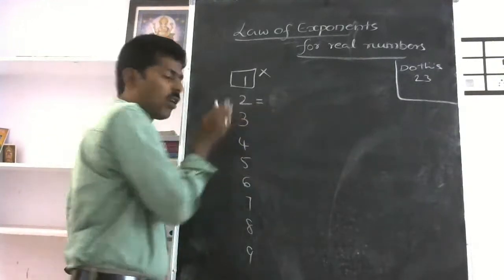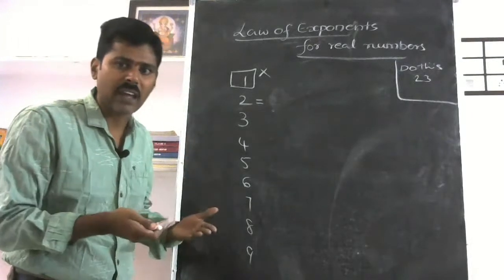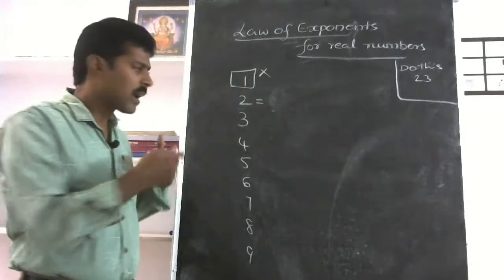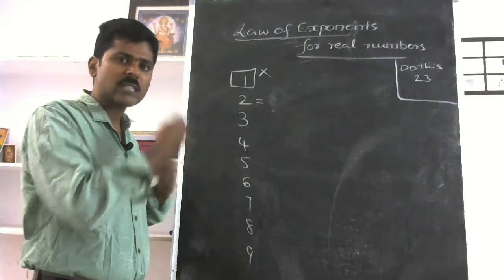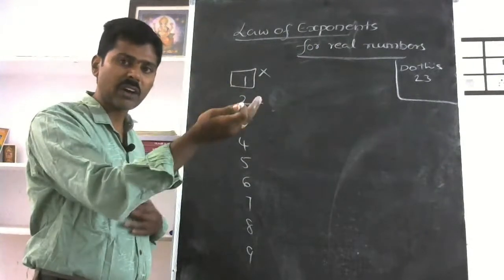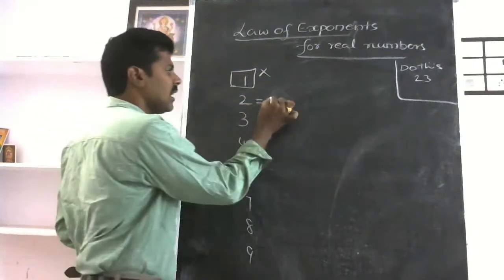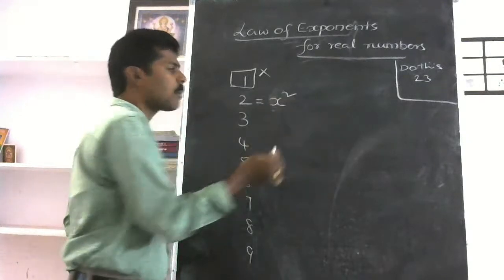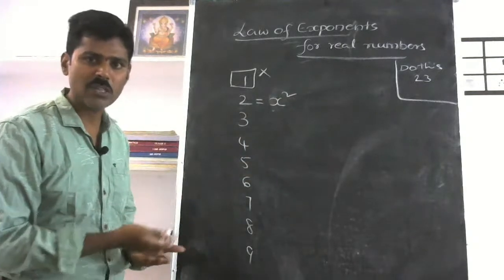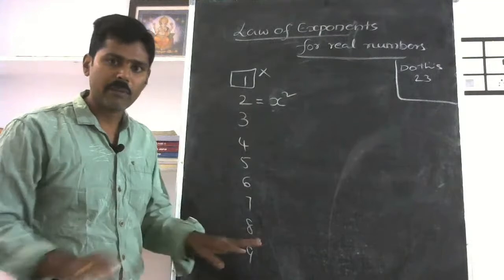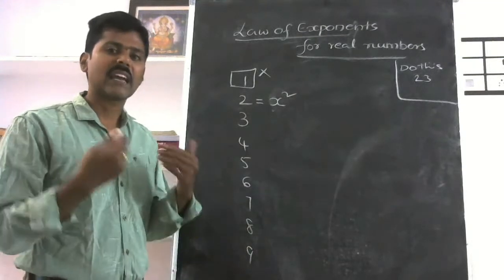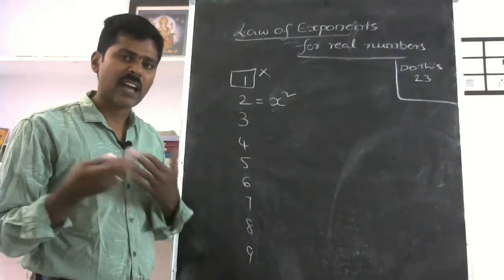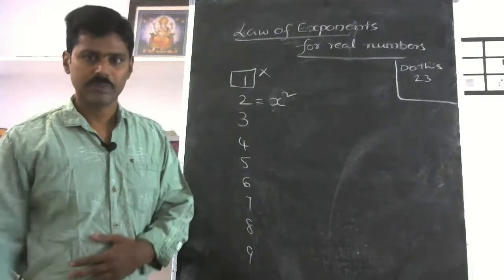If I want to explain 2 as second power of any other rational number, is it possible? There is no number whose second power leads to 2.